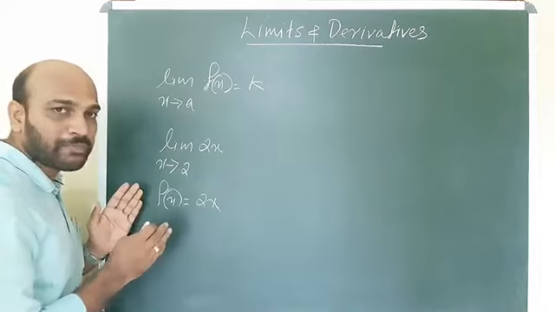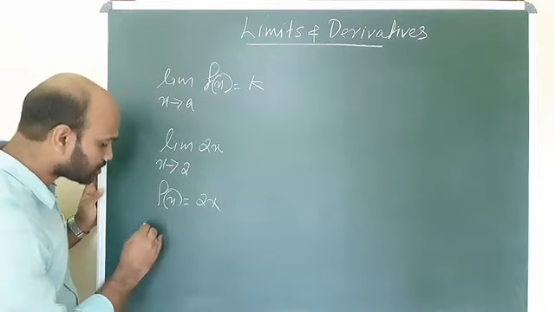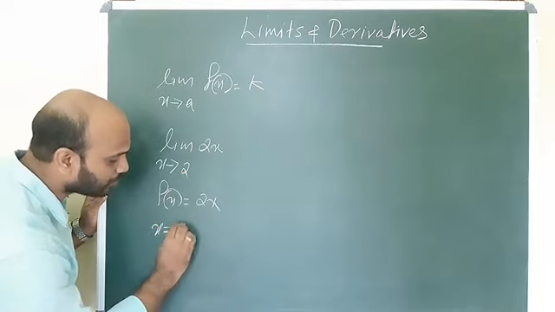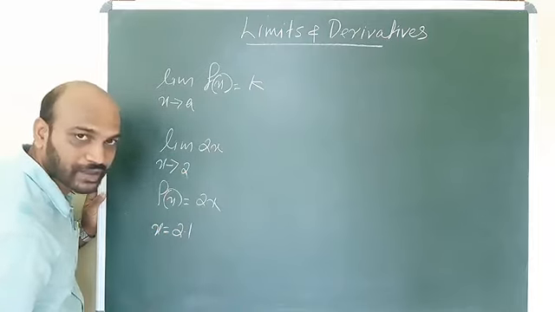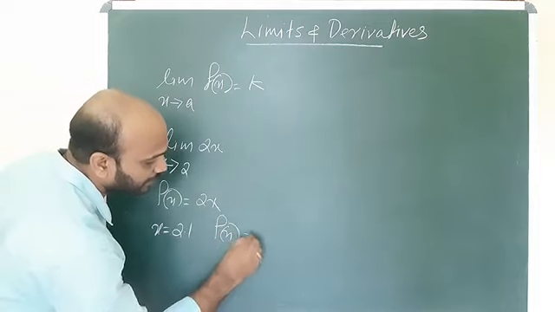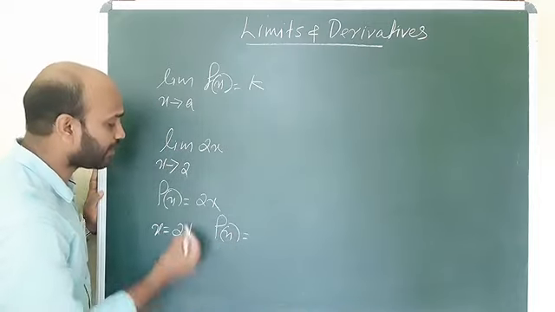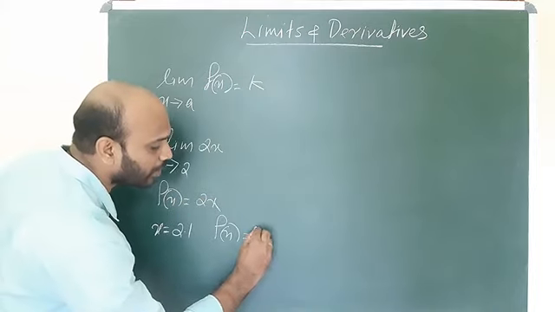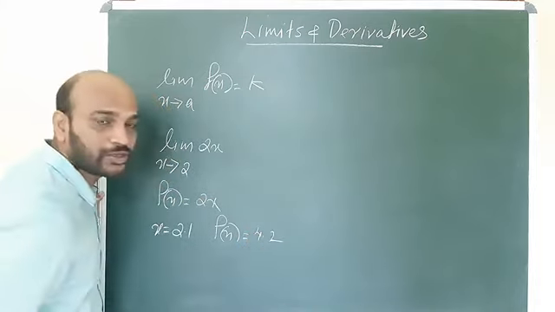Now first I will explain by using examples. So x is very near to 2. So I will take x equal to 2.1. When x equals 2.1, what is the value of f of x? That is f of 2.1 you have to find. f of x is 2x. So f of 2.1 will be 2 into 2.1, that is 4.2.